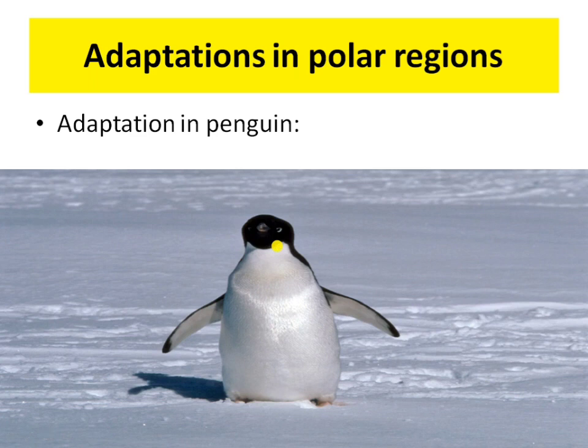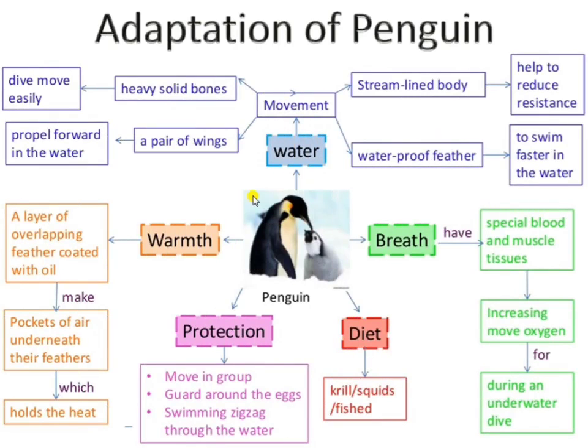This white color merges well with the snow covered background. It has a thick skin with a lot of fat underneath that protects it from the extreme cold. Now we are going to study some adaptations of penguin in polar region.